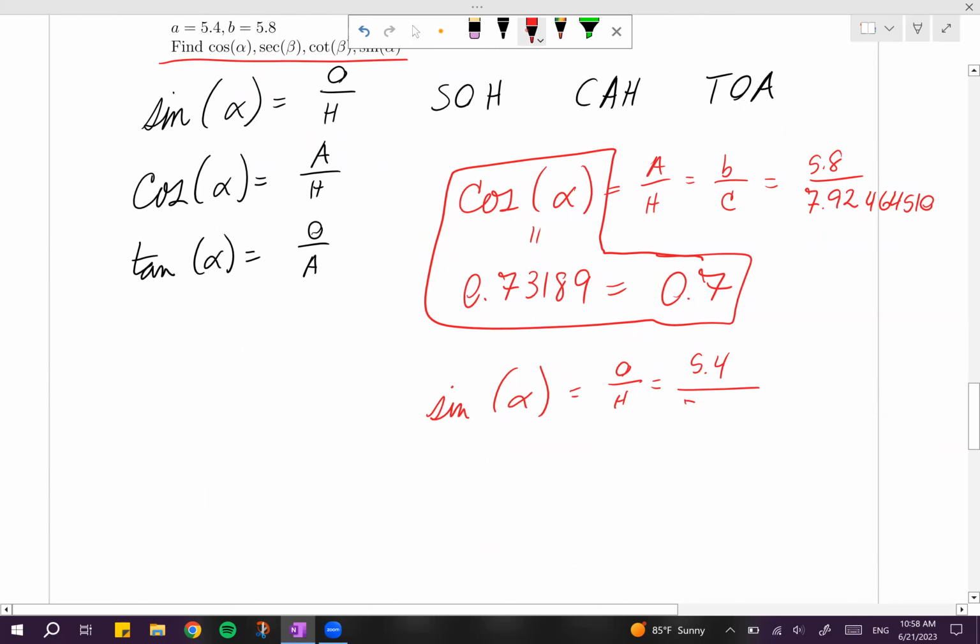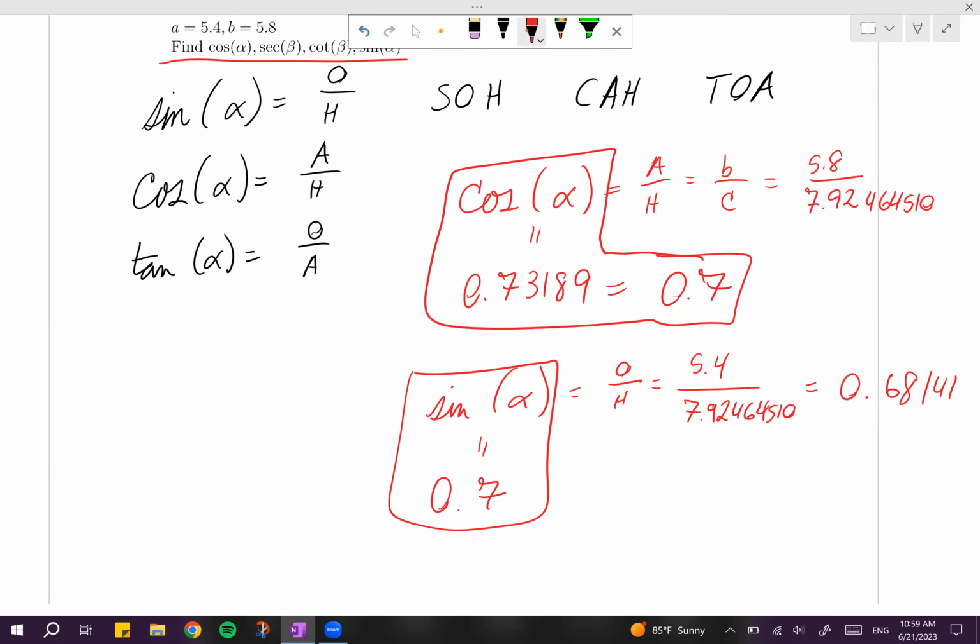My side C, we already said, was 7.924645510. And when I plug this in the calculator, I get 0.68141 and some other stuff, but we only need to round to the 10th place, so I get 0.7.